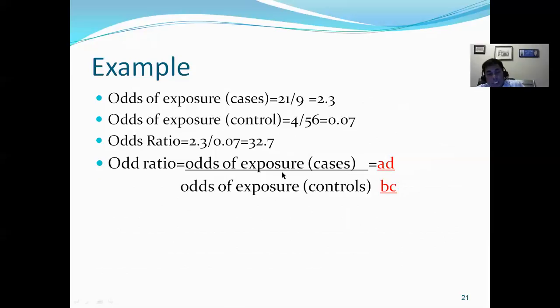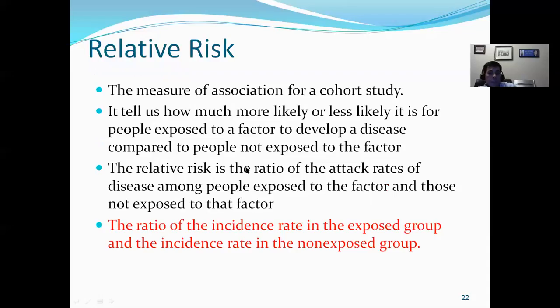It's 32.7 times more risk of getting cyclosporiasis if you have been exposed. Moving on to relative risk. So we're done with the odds ratio, which is for case control.